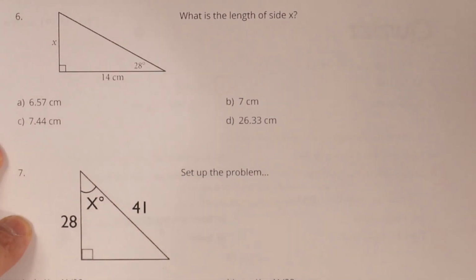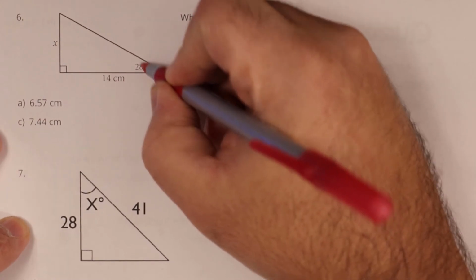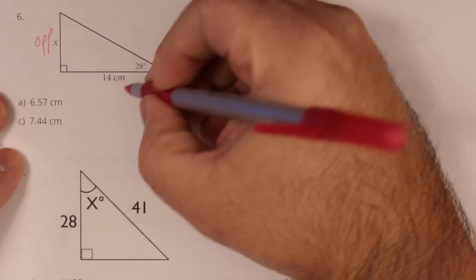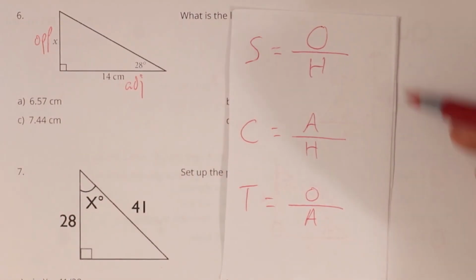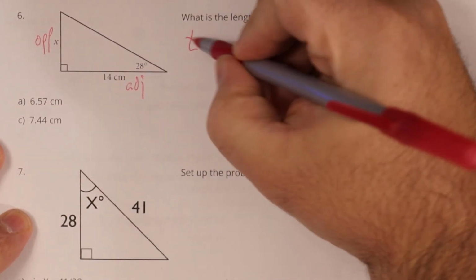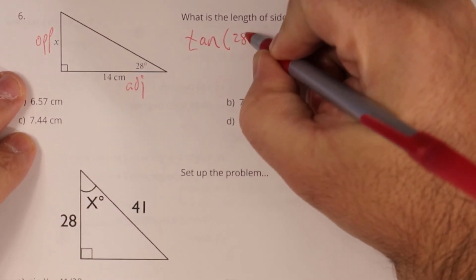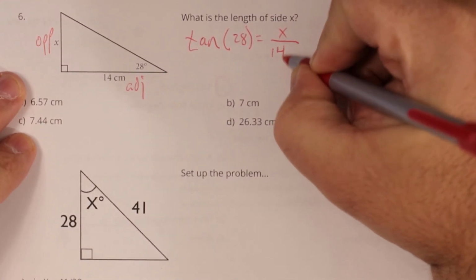Number 6, it says, what are the side lengths? This one I'm going to have to work out. So from the 28, x is opposite, and 14 is adjacent. Again, using that SOHCAHTOA, opposite and adjacent, we're still at tangent. The angle's going to go right here next to it. Opposite on top, adjacent on the bottom.